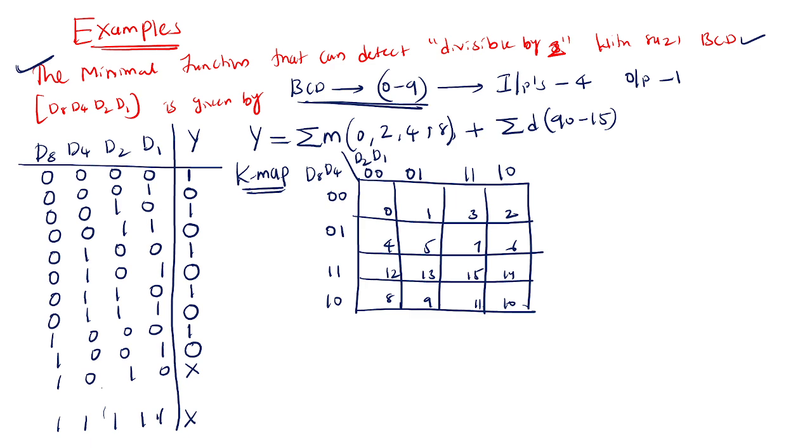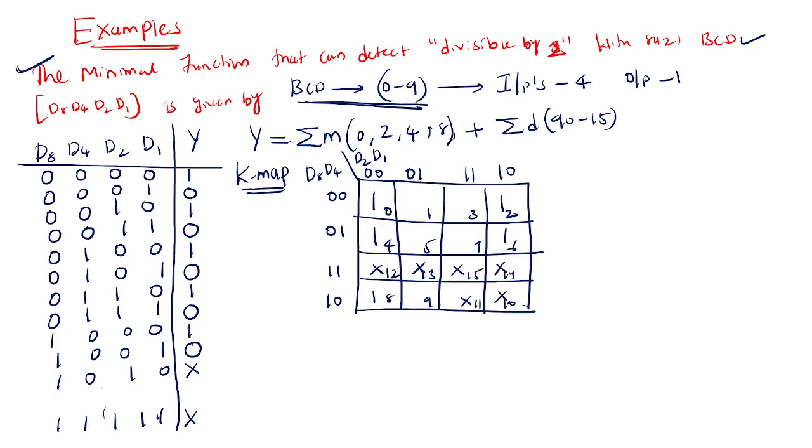You write the min terms 0, 2, 4, 6, 8, and 10 to 15 are nothing but undefined or don't cares.